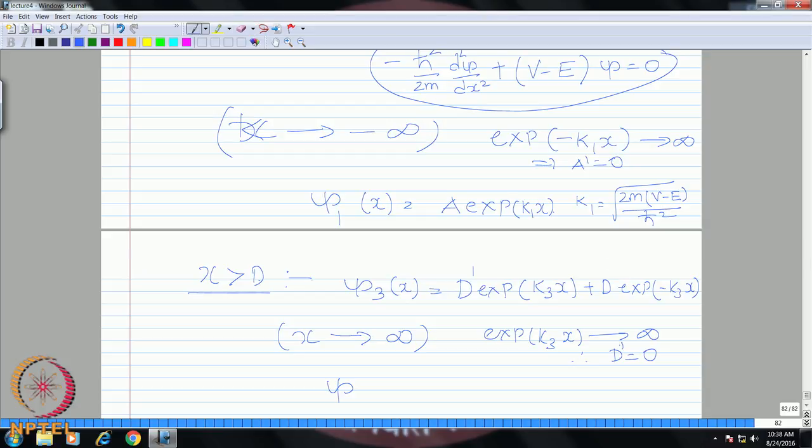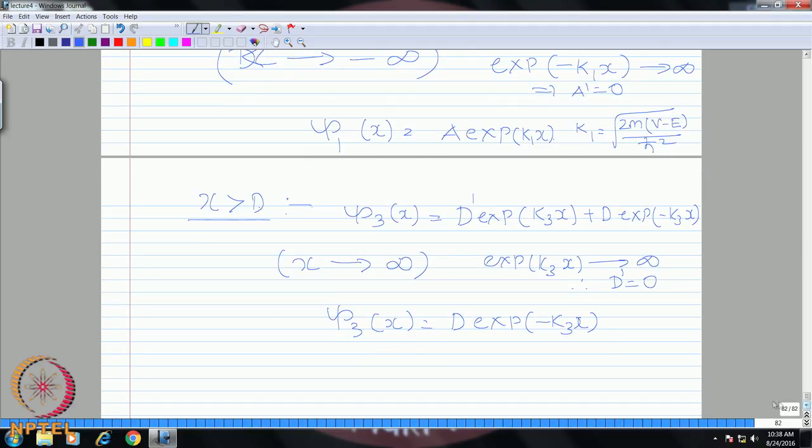The d prime goes to 0, therefore, psi 3 of x will be d exponential minus k3 x. And what is k3 here? Once again square root of 2m V minus E by h bar square. So, therefore, you can replace k3 with k1, both are the same.